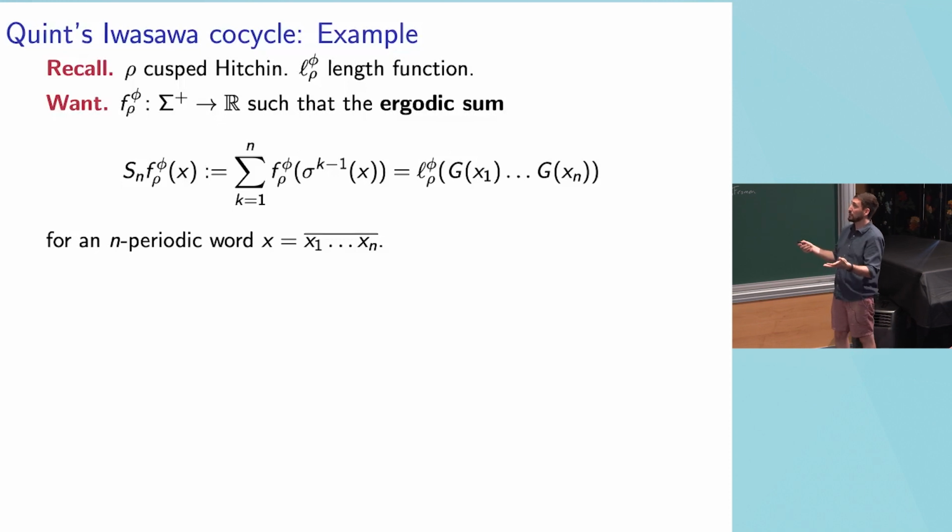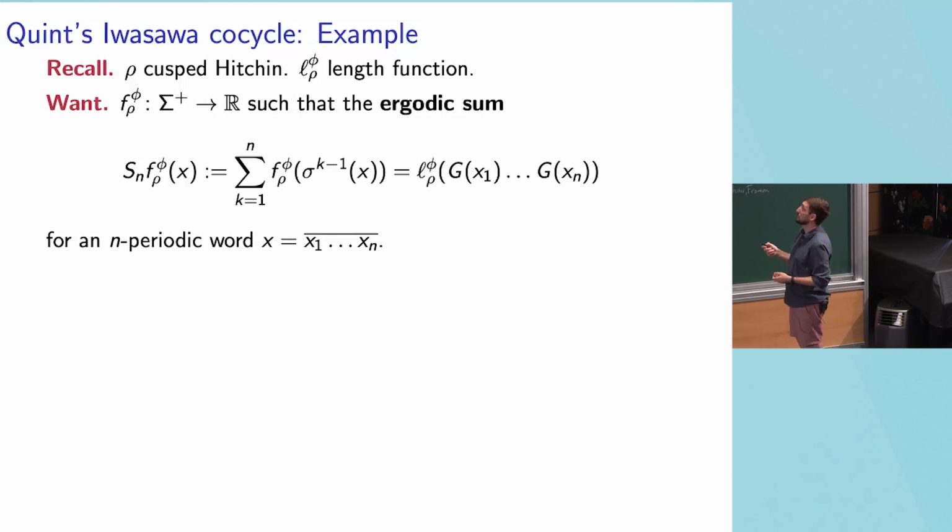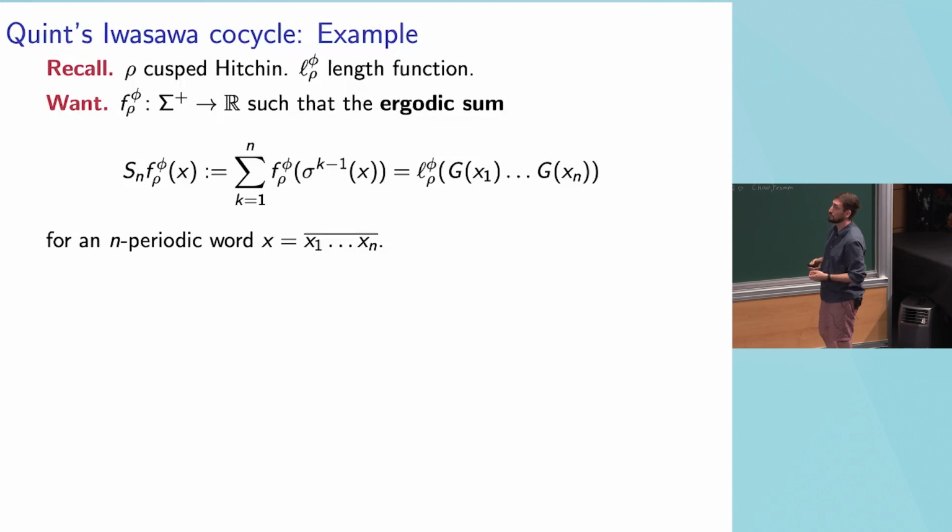I add all those up, and this is somehow a notion of f-length associated to such a function. And I want these two notions of length to match. So the one coming from the shift and the one coming from the Hitchin, I would like them to be the same. So remember, G is this map that takes letters in my alphabet to the group. Okay. So yeah, so this is a multiplication in PSL2R. Okay.